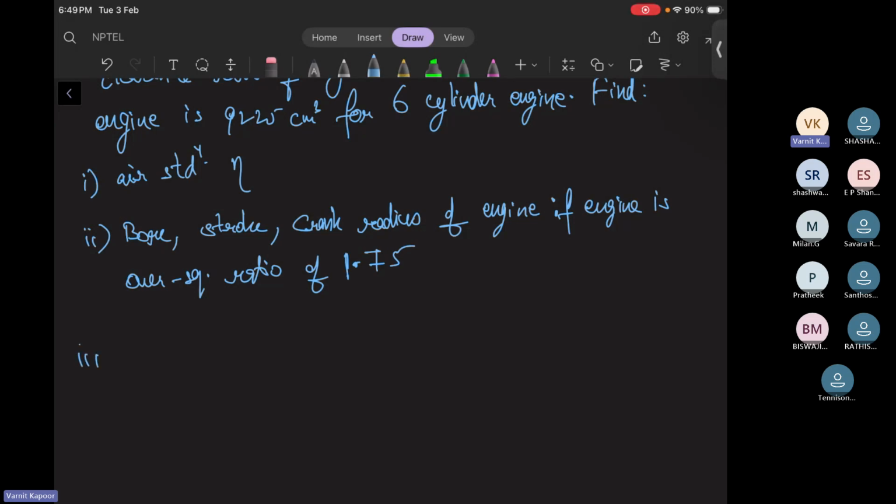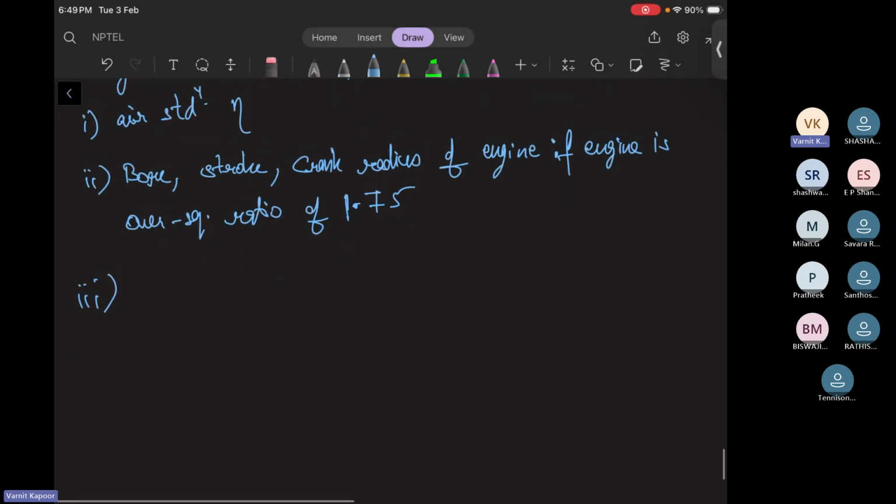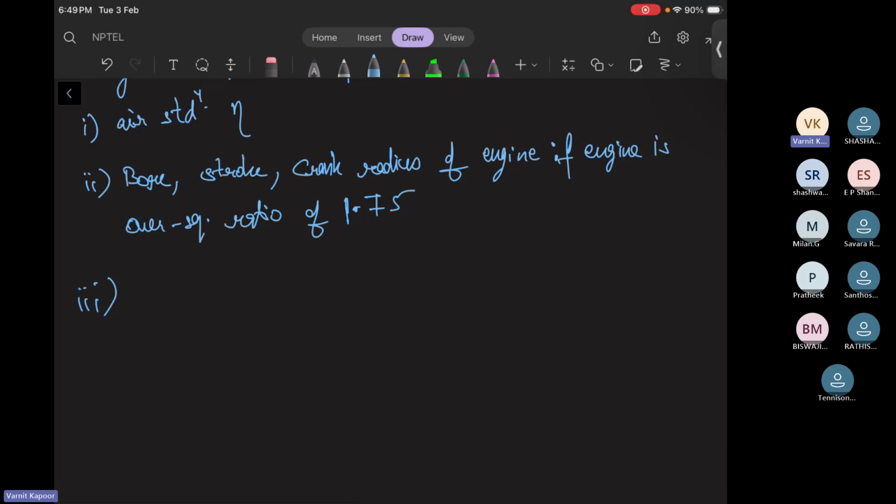Third, heat added in the cycle is 1800 kilojoule per kg. You need to find work done.